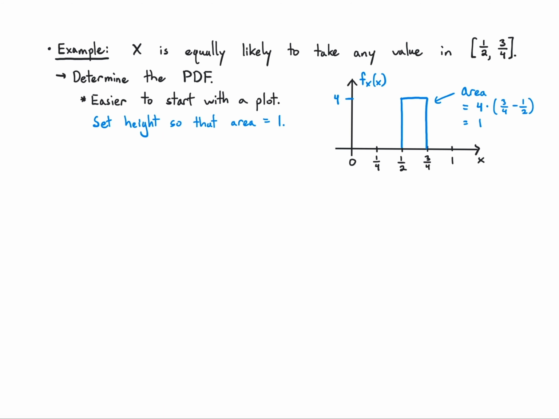The reason I picked 4 here is so that this width of a fourth multiplied by 4 is 1. So now I can just write down my PDF. It's going to be 0, except between a half and 3/4, where it's going to be 4. So it's flat between a half and 3/4, and it goes back down to 0 after I get past.